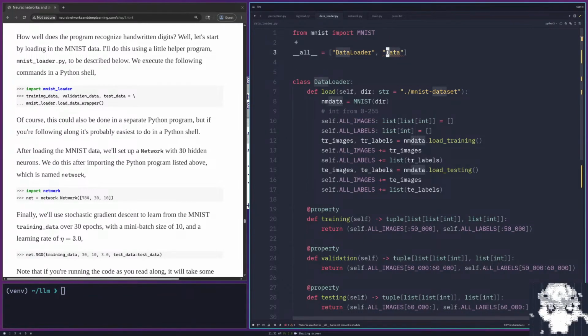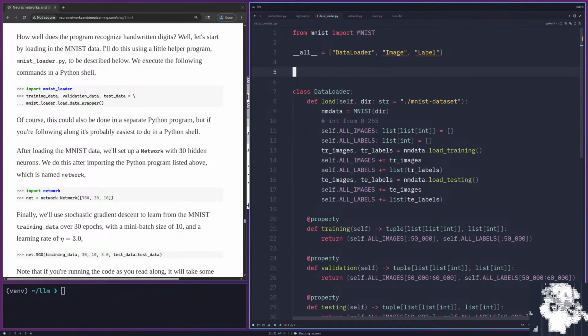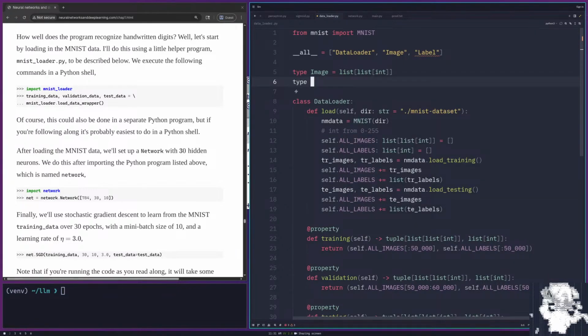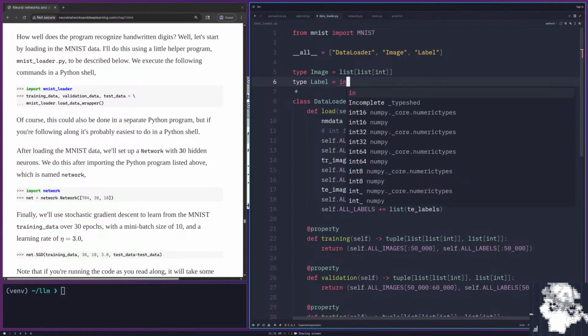Well, it's actually images, image, and label, right? So, type image equals list of int. Type label equals int.